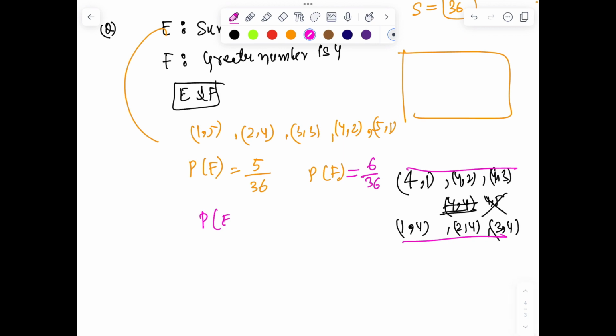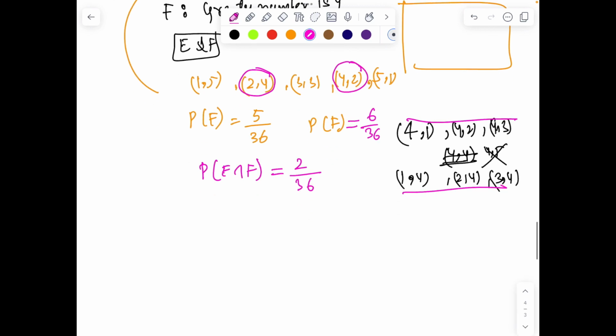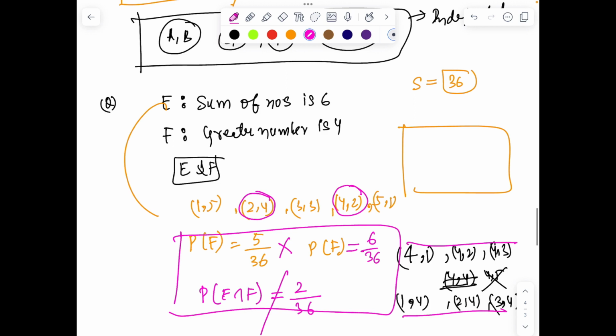Now what is P of E intersection F? The greater number is 4 and the sum is 6, so we have 2 4 and 4 2. So that becomes 2 by 36. So you can clearly see P(E) into P(F) is not equal to P(E intersection F), so they are dependent events. Again, what does it mean for dependency?